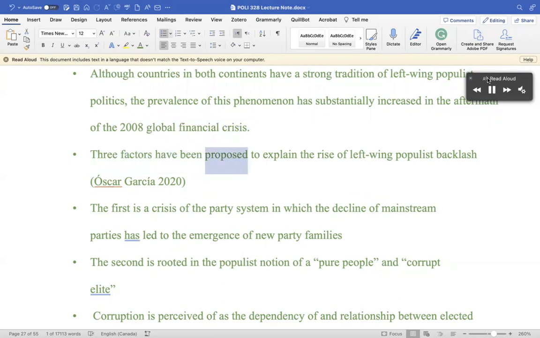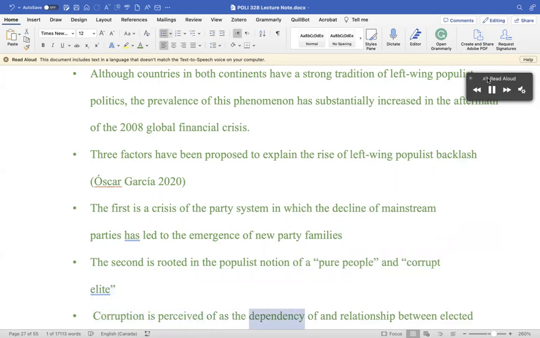Three factors have been proposed to explain the rise of left-wing populist backlash (Oscar Garcia, 2020). The first is a crisis of the party system in which the decline of mainstream parties has led to the emergence of new party families. The second is rooted in the populist notion of a pure people and corrupt elite.